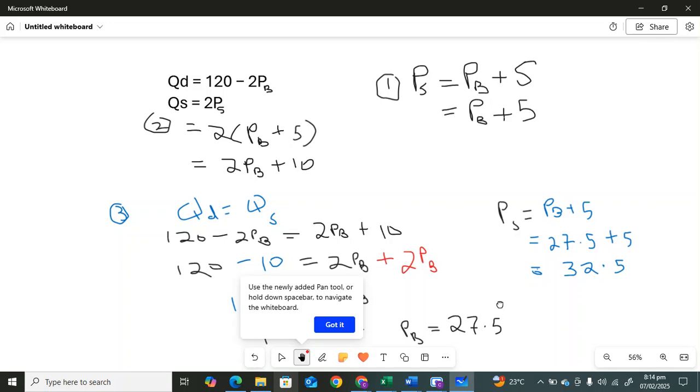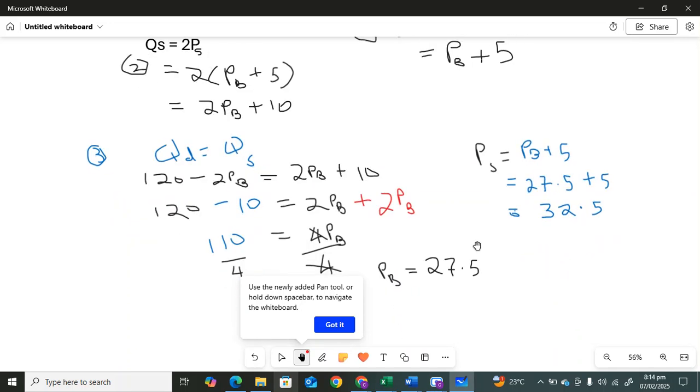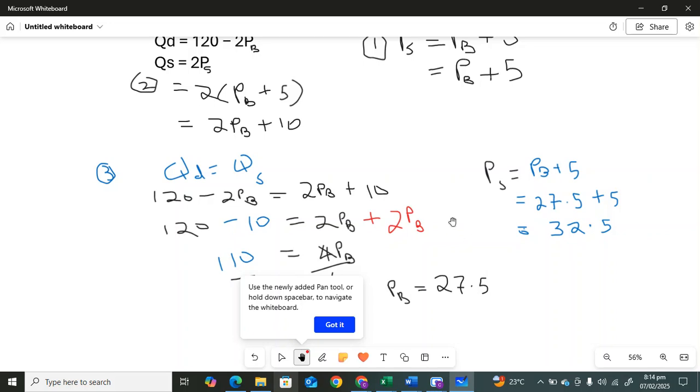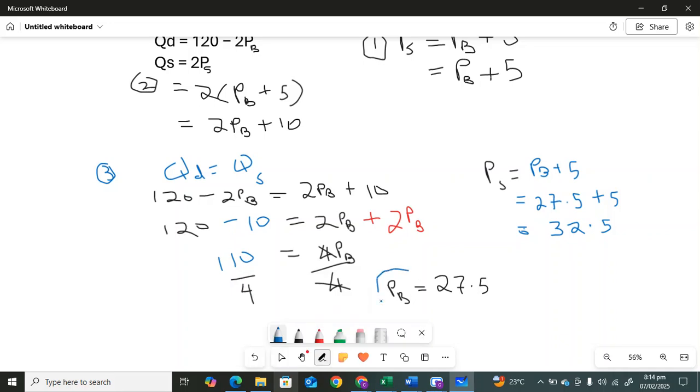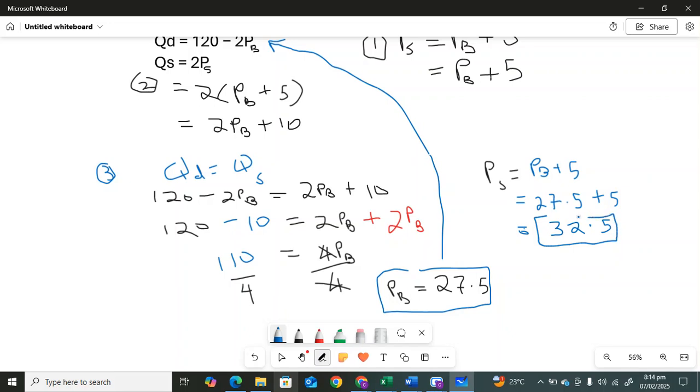Then we can get the quantity. You can either substitute PB equals 27.5 into the original demand function, or you can substitute PS equals 32.5 in the original supply function. The original supply function is the easiest here.